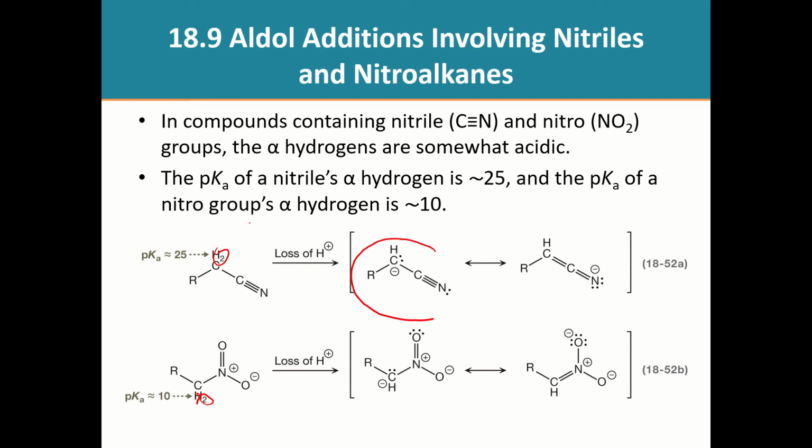I really don't have a name for these guys right here, other than the conjugate base of the nitrile, or the conjugate base of the nitro group. Either way, you can see that there is a negative charge, electron rich, and then that will be able to react with itself. So let me show you what I mean by that.